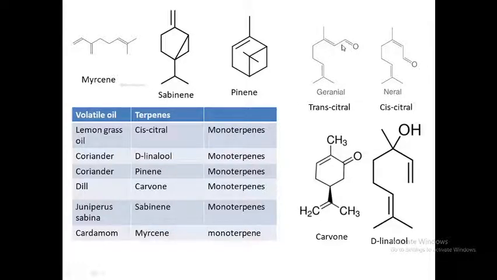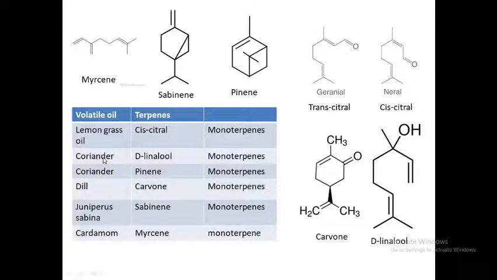Just the arrangement of groups around the double bond is different in case of cis and trans. Here you can see, right? So citral, that is cis citral and trans citral, both are acyclic monoterpenes.